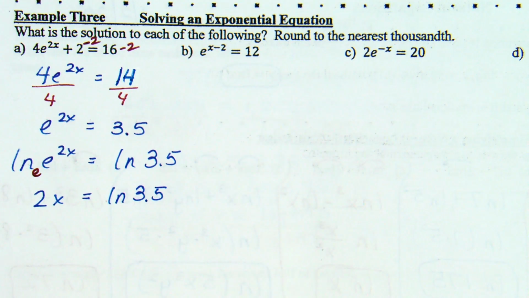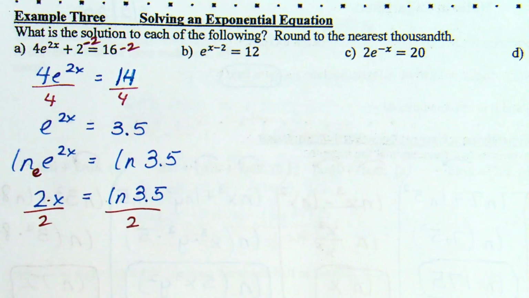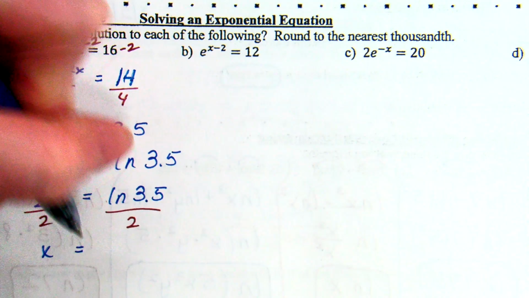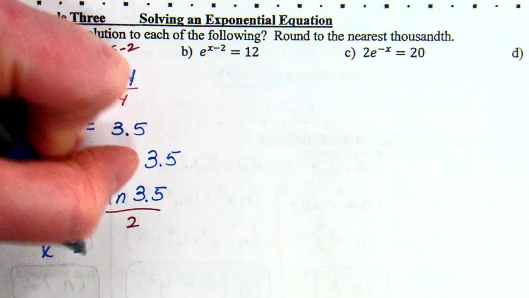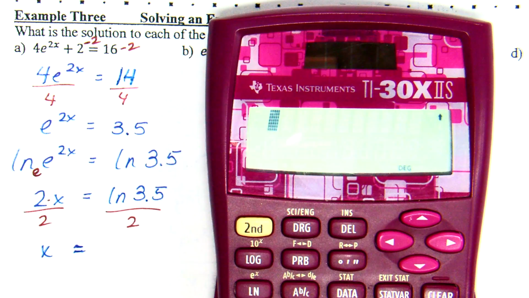How do I solve for x? Divide by 2. If it's 2 times x, divide by 2. If I divide the left by 2, divide the right by 2. And what are you going to do now? You grab your calculator and practice. As always, I suggest you practice now so you make sure you know how to use the calculator.